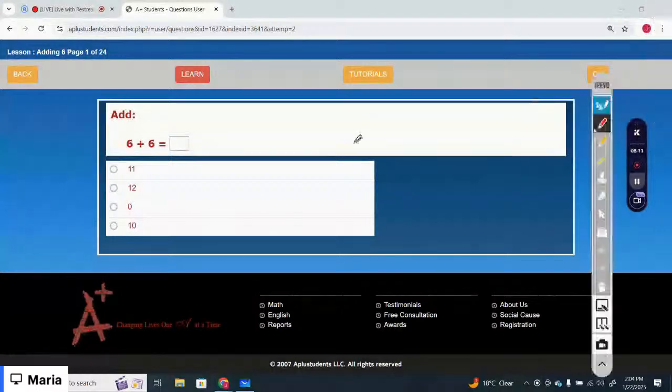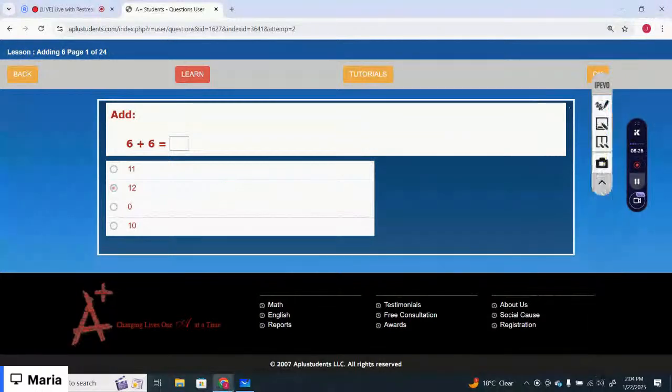Start with 6 and count up 6 more: 6, 7, 8, 9, 10, 11, 12. So 6 plus 6 makes 12. The correct option is 12. Option number 2 is the correct option.